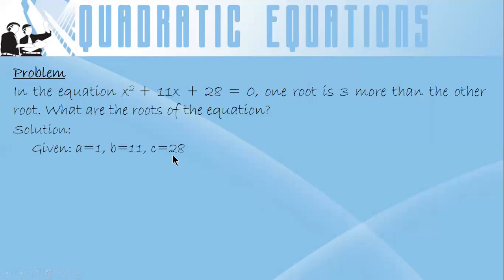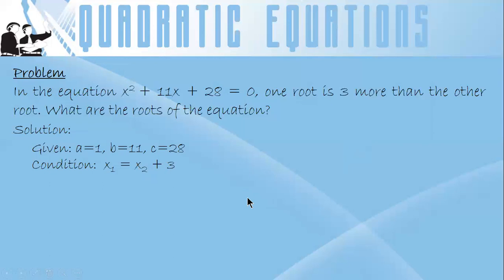Sige. So, given a, b, and c, muna ang condition. x1 equals x2 plus 3. Ang atong gamiton ang atong properties of roots. Alternate na method instead na factorization, completing the square or quadratic formula method. Condition, one root is 3 more than the other root.